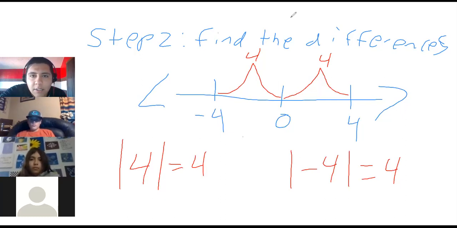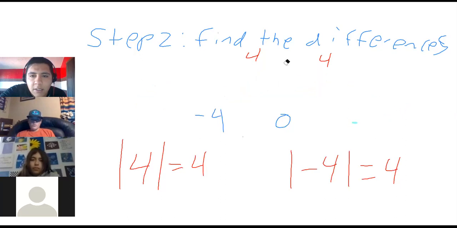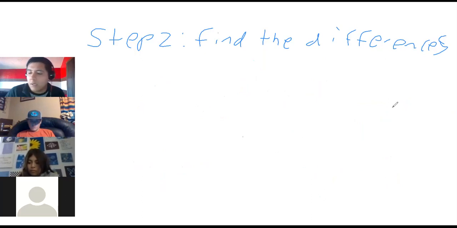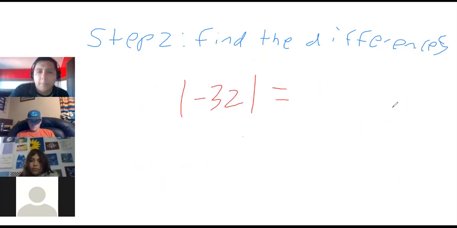Okay, so let me give you guys an example. What do you guys think the absolute value of, let's say, -32 would be? 32. Positive, yes, positive 32, and that's the important part.